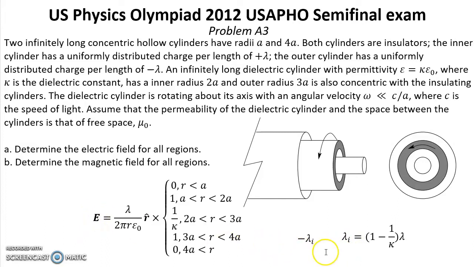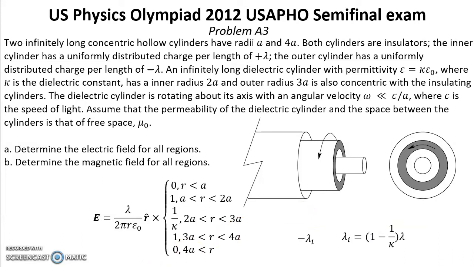And we need this to solve question B, because now the dielectric will rotate and this linear charge will produce an electric current, which can produce a magnetic field.